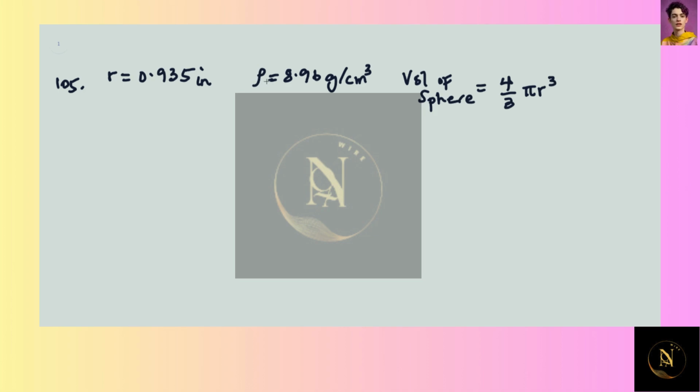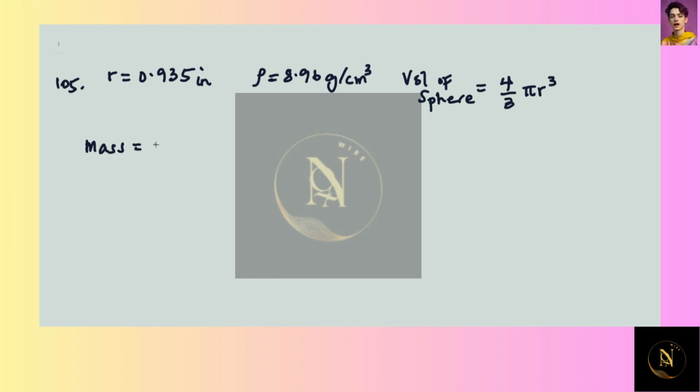We've been told that the density is 8.96 grams per cubic centimeter. And we've been told also that the volume of the sphere is 4/3 pi r cubed. So rho is actually the mass over the volume.